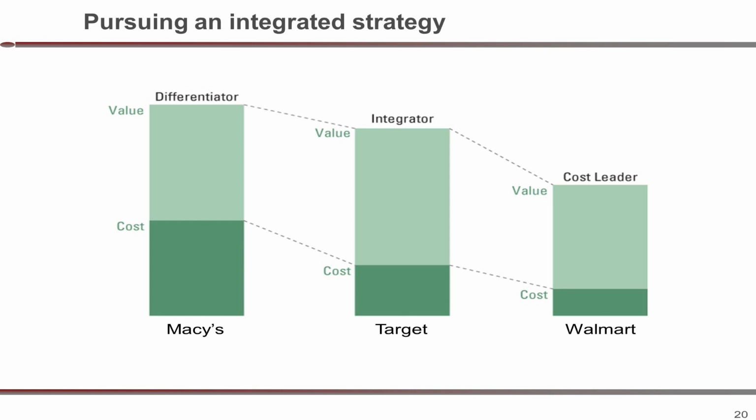Finally, we have the integrated cost leadership differentiation strategy. You can think of this as the hybrid strategy. An excellent example of this is Target, that sits between Macy's, a higher end store, and Walmart, the low cost leader. Now, this is a very difficult strategy to pull off.